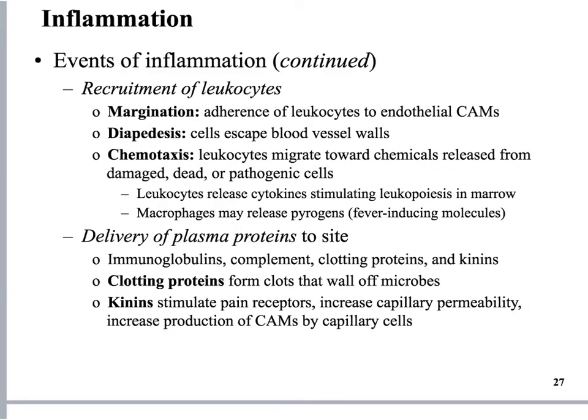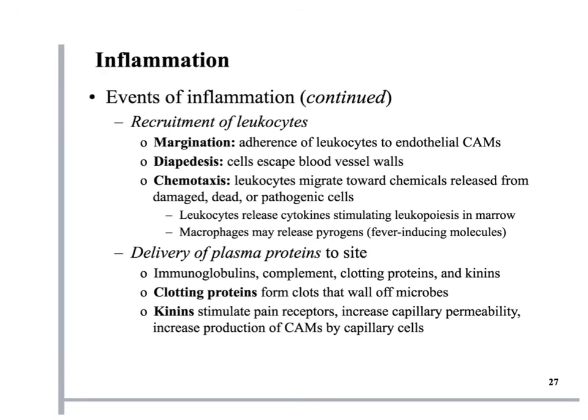Now we have recruitment of leukocytes. The tissue has released these chemicals that have induced the ability of white blood cells to adhere to that area, so they get stuck. They go flowing by the vessels.